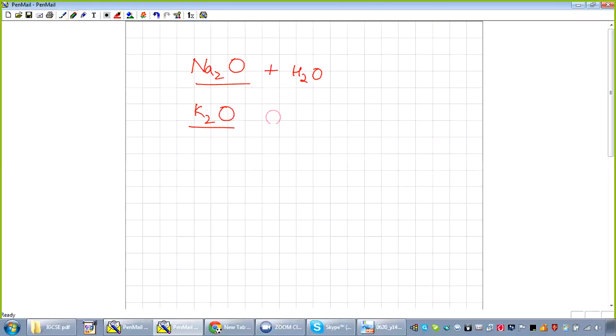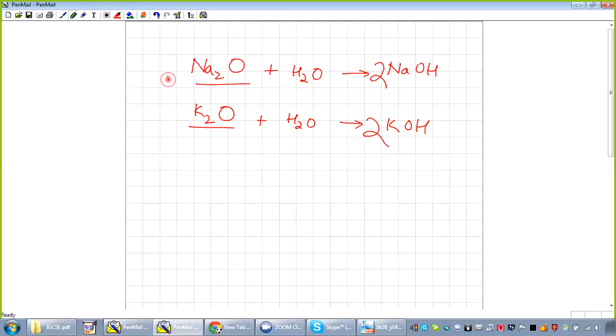When you dissolve this in water, can you predict what the products will be? Na2O plus H2O and K2O plus H2O. No, it will be simply NaOH and KOH. Balancing is quite simple.